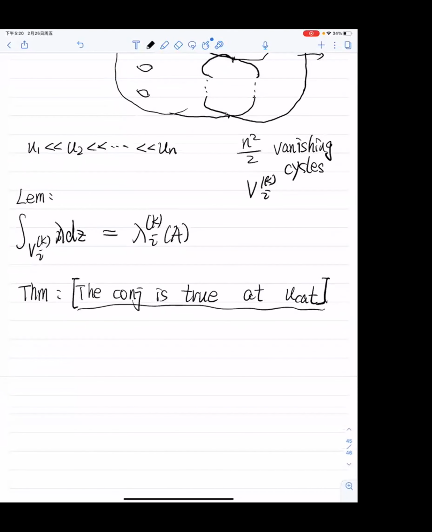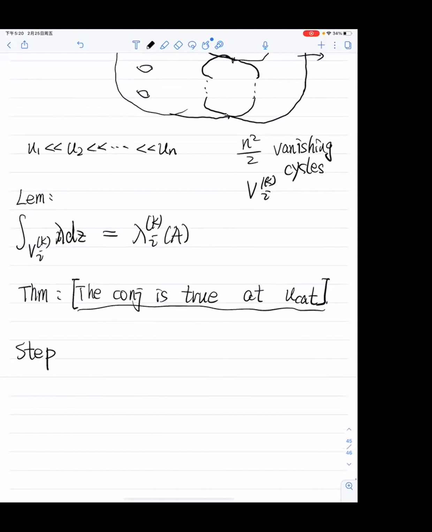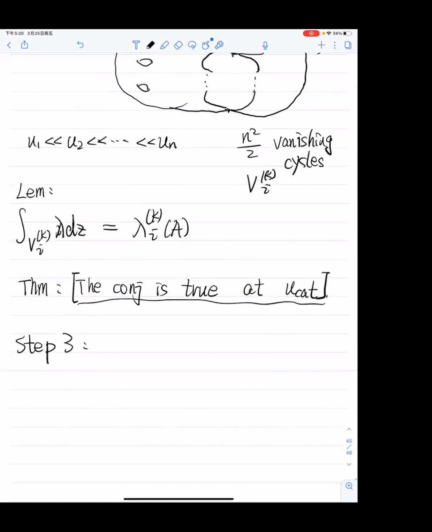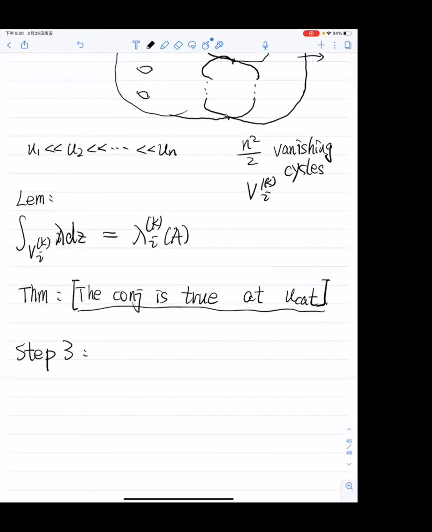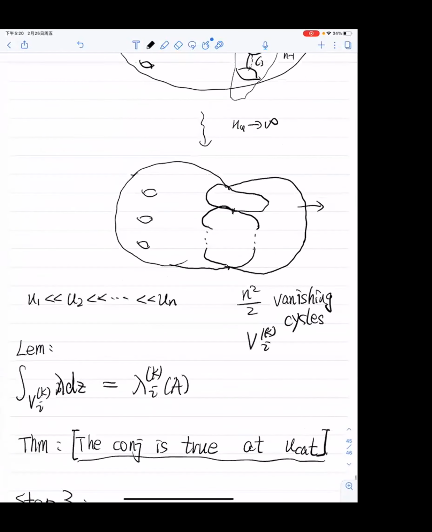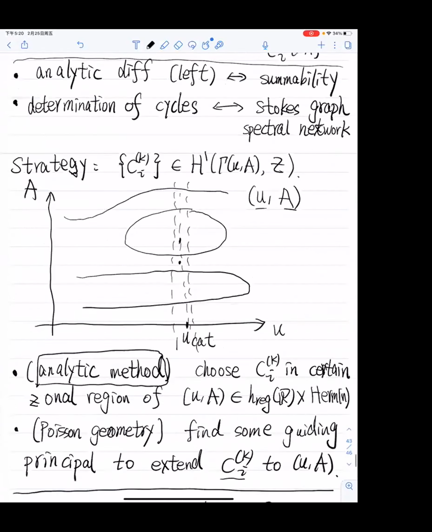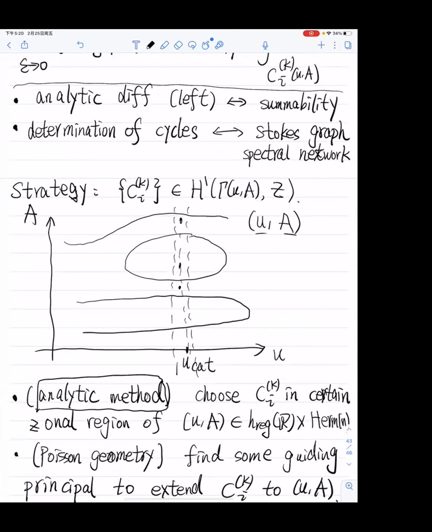Okay. Now, as I said, we only propose a way to understand the conjecture in some asymptotic zone. Now the question is how to understand the conjecture in a global way. If you remember the graph I drew, I told you near this caterpillar point how to choose cycles for each generic point.